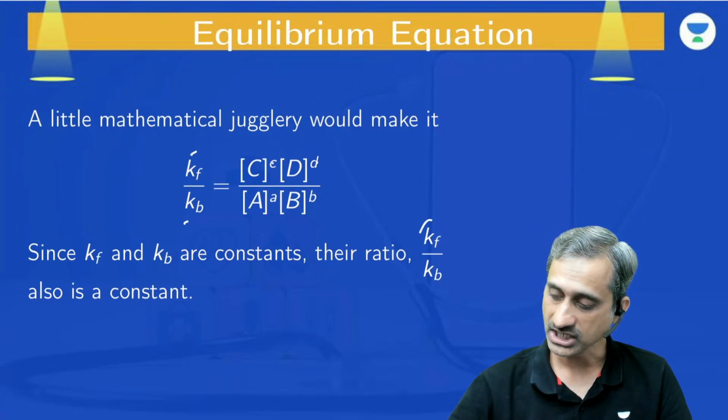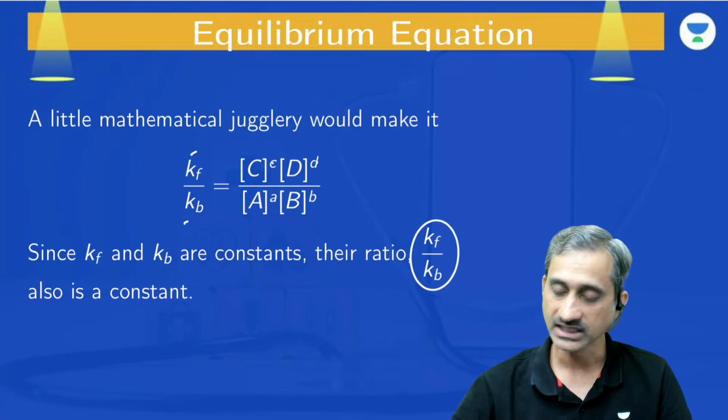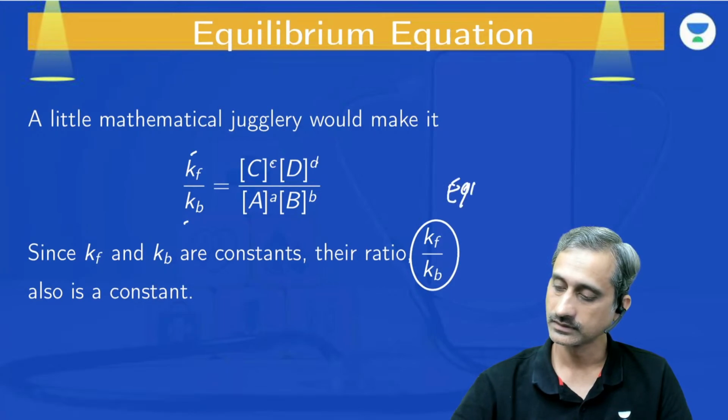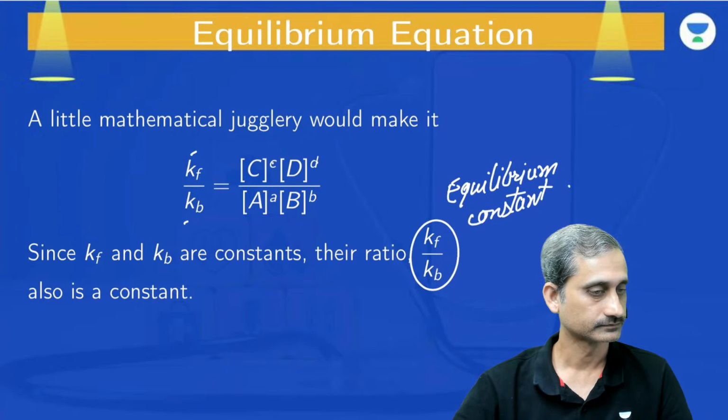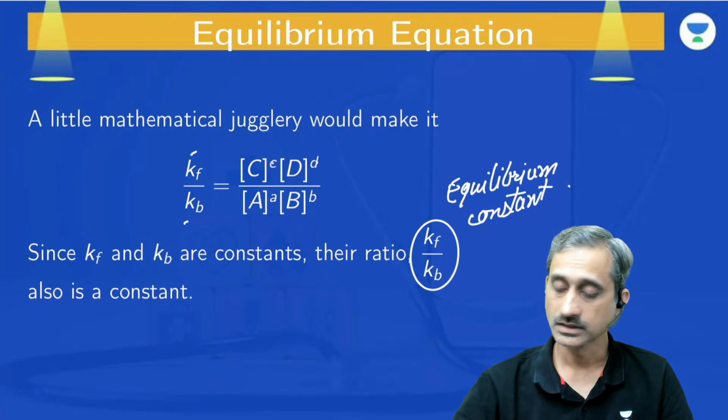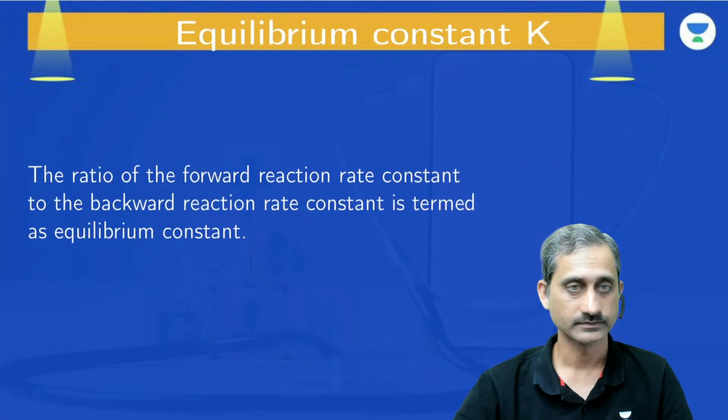Now this ratio of kf and kb is called the equilibrium constant. Is this clear? So this is what we know as the equilibrium constant.